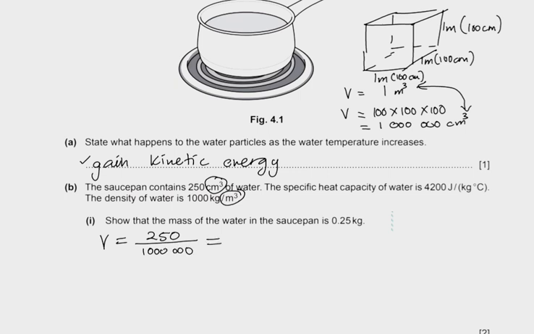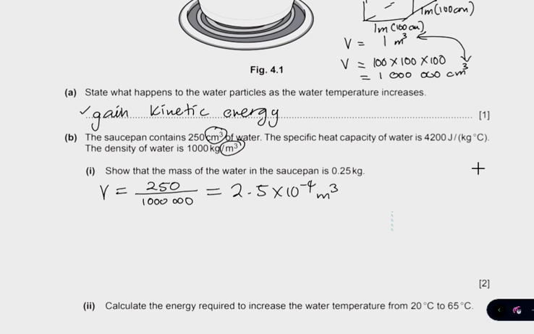This gives us 2.5 times 10 to the power minus 4 cubic meters.